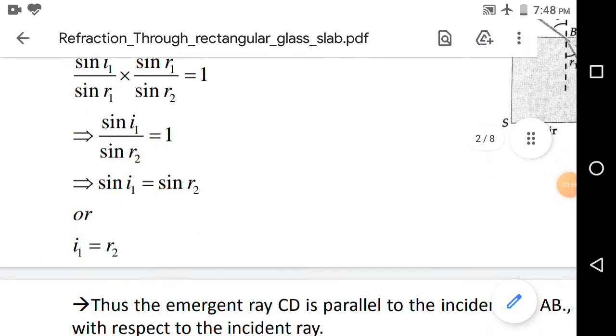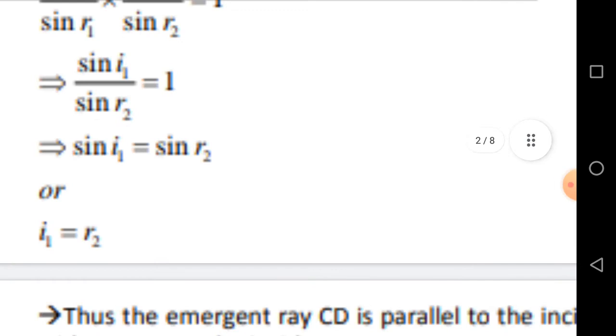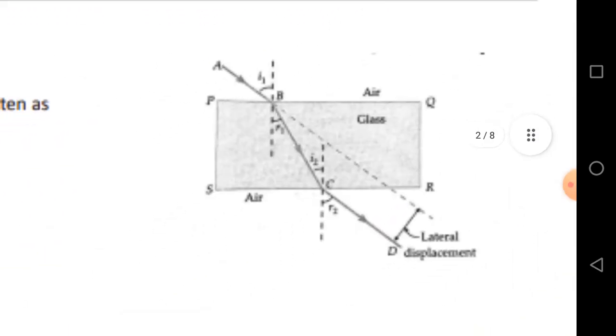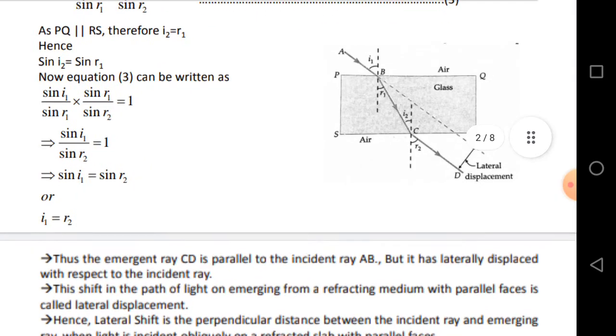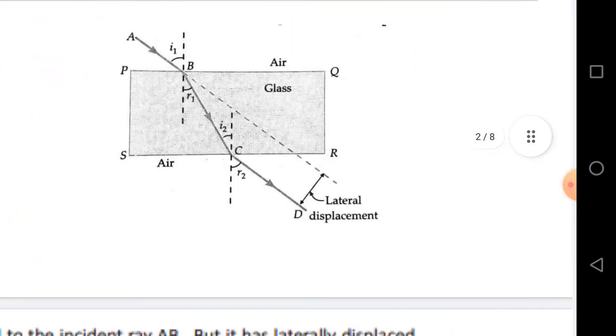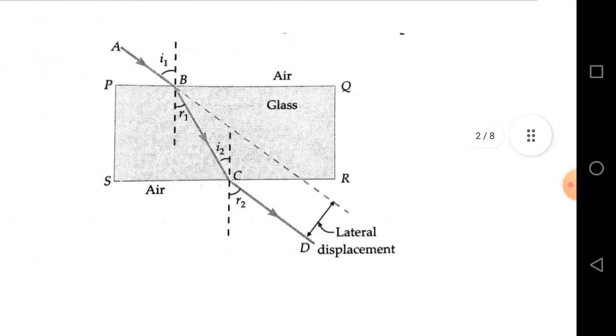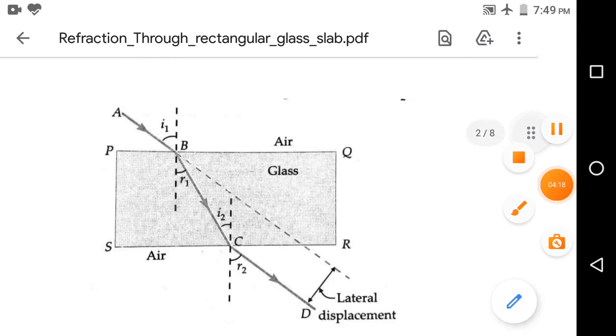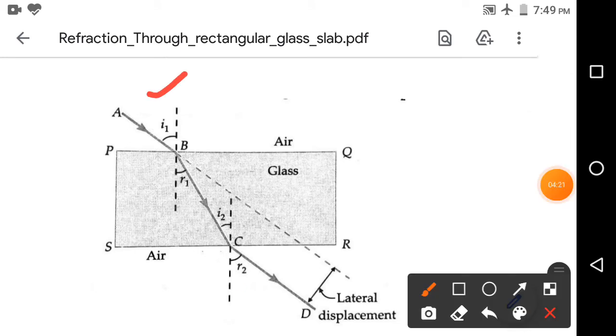I1 equal to R2 means the angle of incidence is equal to the angle of refraction through the second face, the RS face. See, this I1 equals R2.